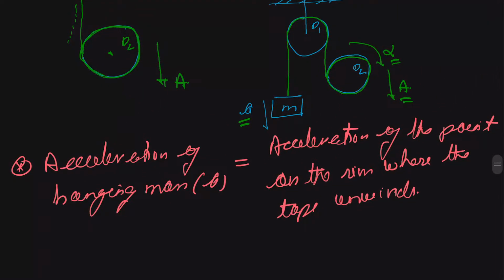Suppose we can take any point, so let us take this point, and as it is going to move in the downward direction, this point is going to have a linear acceleration of a and angular acceleration of alpha.